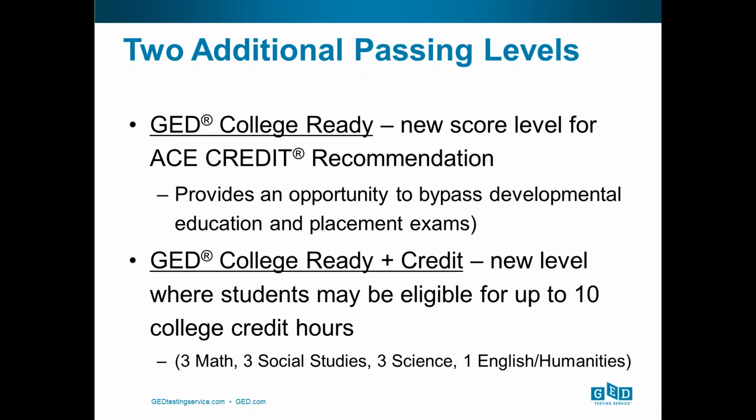And we have GED College Ready Plus Credit, try saying that 3 times fast, a new level where students may be eligible for up to 10 college credit hours. The breakdown of that would be 3 in math, 3 in social studies, 3 in science, and 1 in English/humanities.